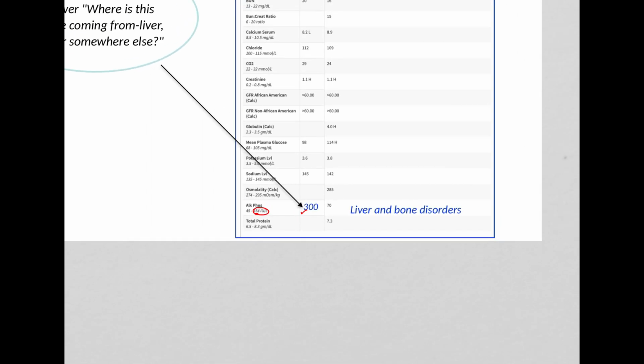So that means there is some enzyme that is coming out from cells in the person that are either being damaged or that are dying. Now the question is, what cells are being damaged or dying? Are they liver cells, or are they cells in the bone, or are they cells maybe in the intestinal part of the body, the intestine, the GI tract? So what exactly is happening in this person?